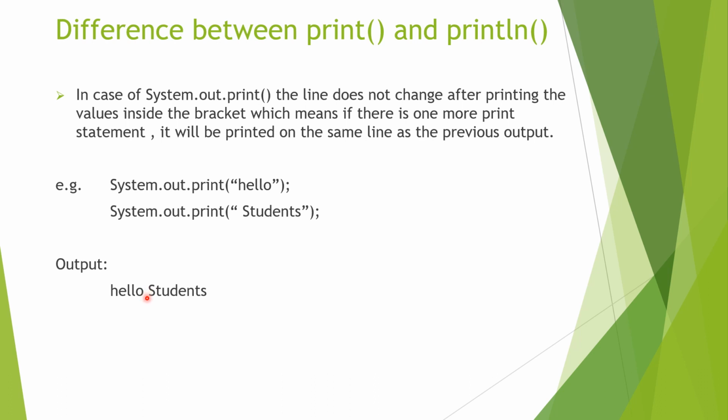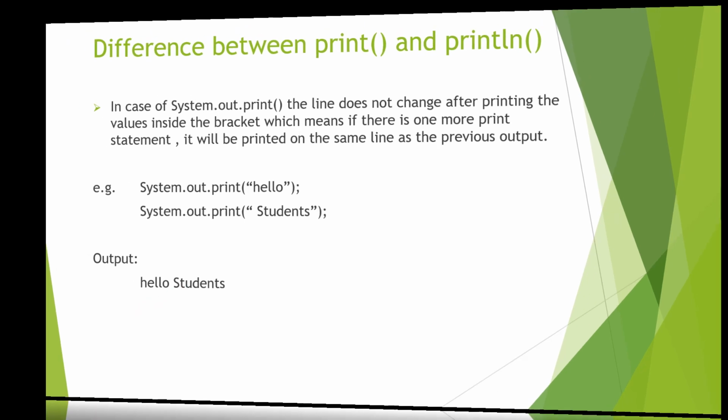Then the next statement will be executed, System.out.print("student"). Student will be displayed on the same line. And the cursor will again remain here because here we have used print. So this is the difference. And in the case of println, it will display the message and the cursor will come to the next line.